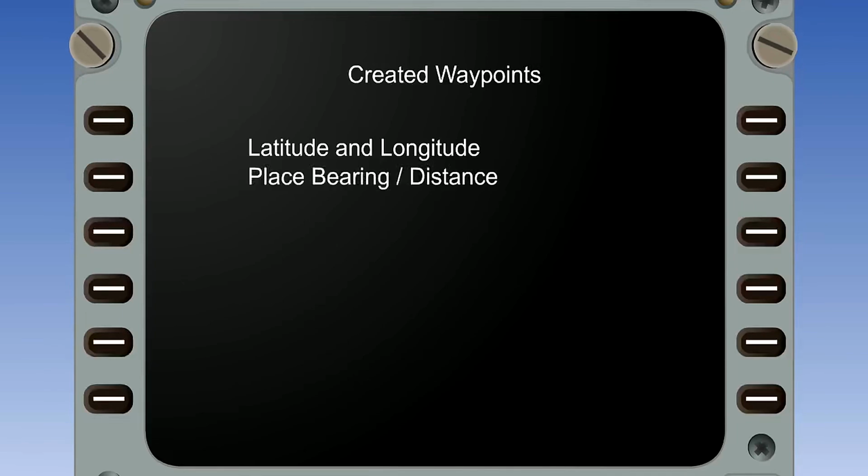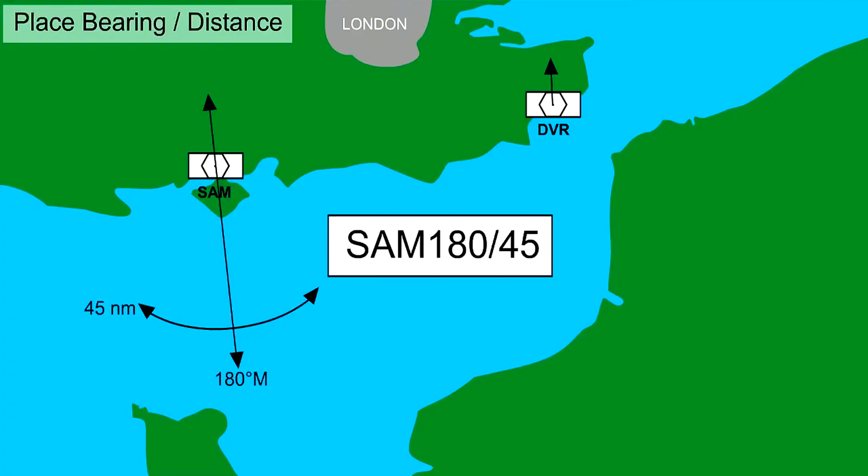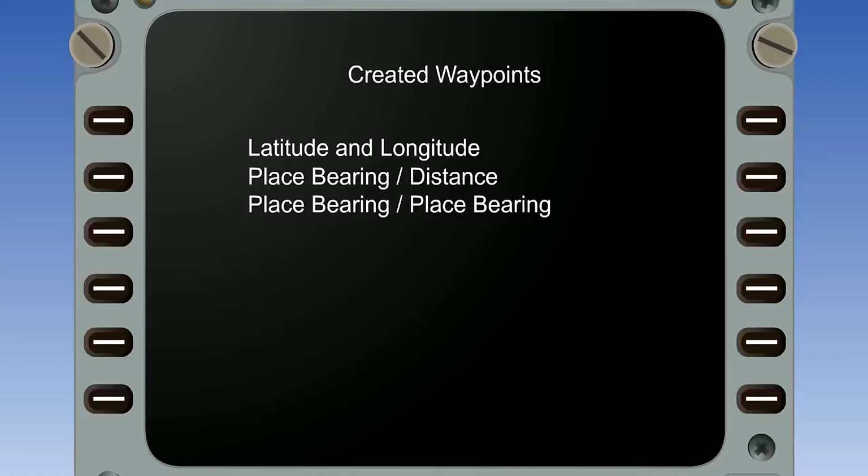Next is called place bearing and distance. For instance, Sierra Alpha Mike 180/45 means 45 nautical miles range on the 180 magnetic radial from Southampton VOR. There is also place bearing/place bearing.